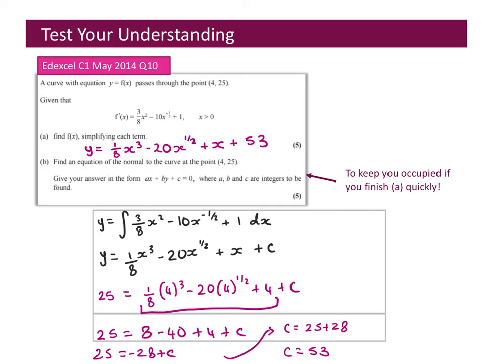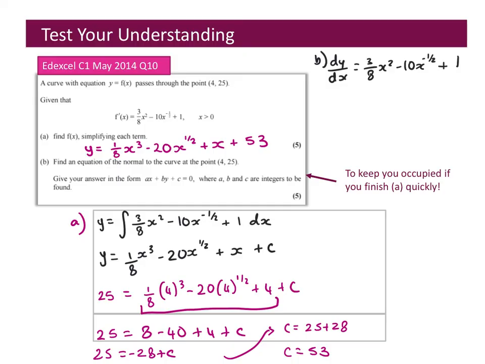It now says find an equation of the normal to the curve at the point (4, 25). So for part B, if we're finding the equation of the normal to the curve, we've got to go back to differentiation. So we know that our gradient function is in fact 3 over 8 x squared minus 10x to the minus a half plus 1.